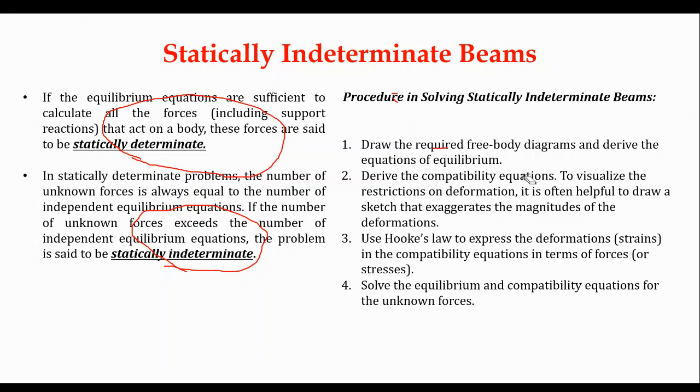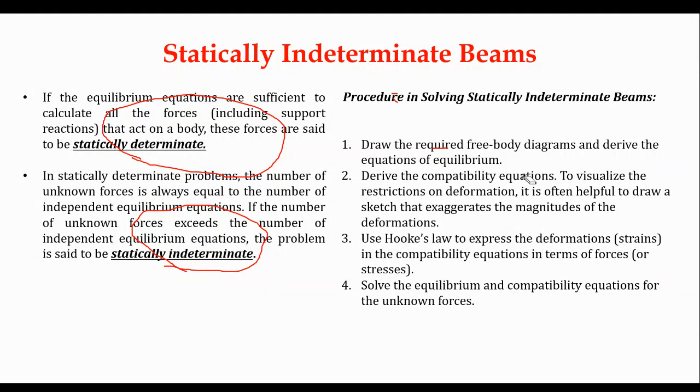And then, number 3, you use Hooke's law to express the deformation in terms of forces. Kibali sa number 3, since di ba ang deformation is just force times length over area times elasticity. So, masolve na siya.